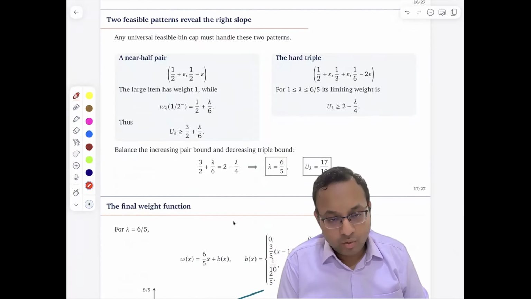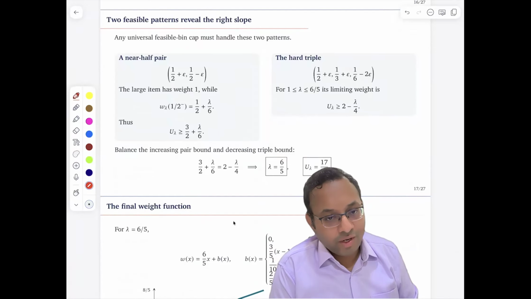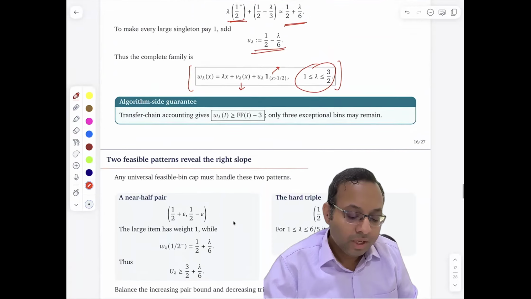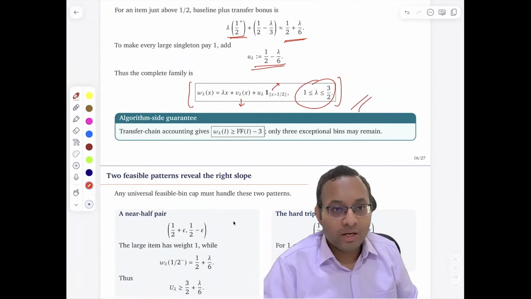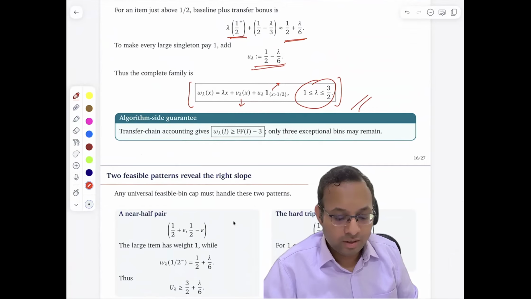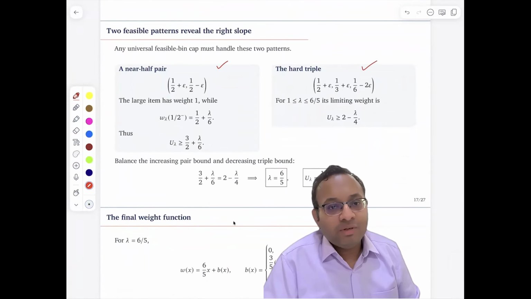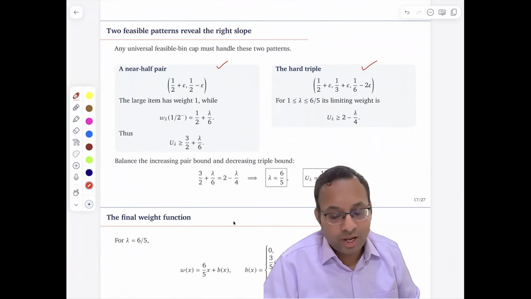Remember, we are fine with any lambda which, with this function, will satisfy the algorithmic side, paying at least 1. Now we have to show none of the feasible bins have large weights. For that, there are these two problematic pairs. Half plus epsilon is a problematic one anyway because it has a lot of bonus.